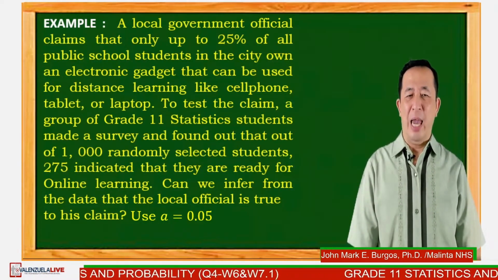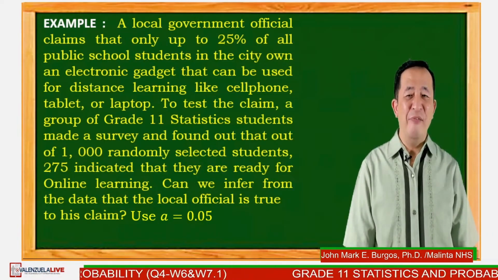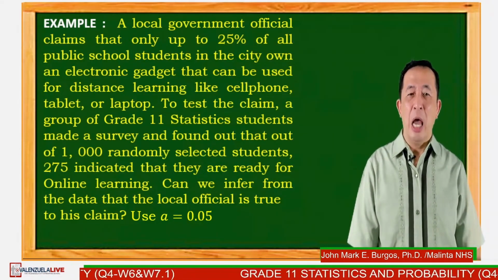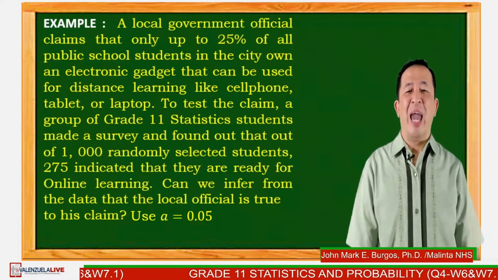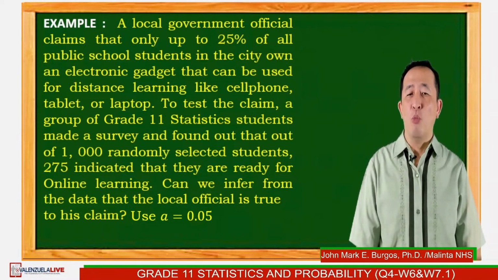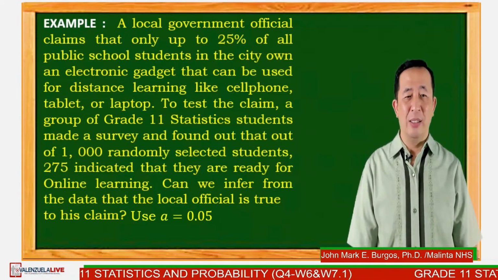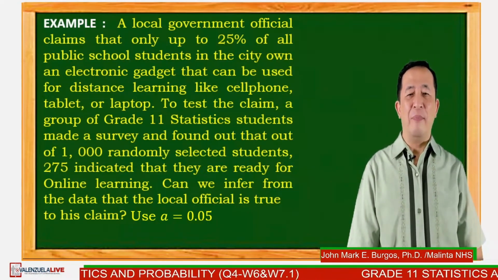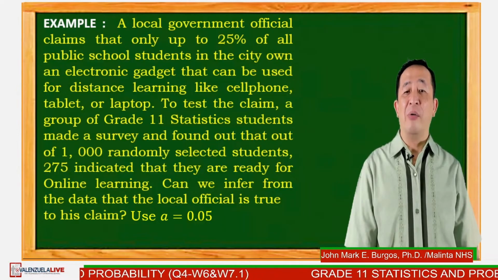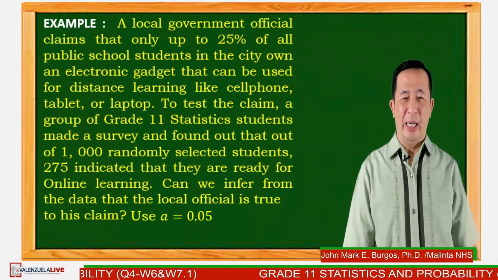To test the claim, a group of statistics students made a survey and found out that out of 1,000 randomly selected students, 275 indicated that they are ready for online learning.